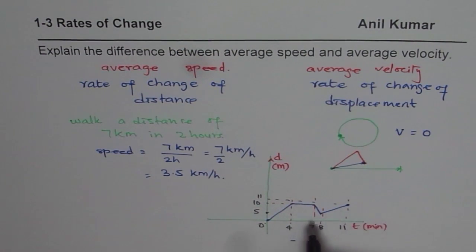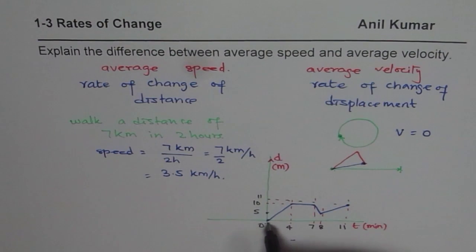If I give you this kind of a displacement time graph, then the exercise for you is to find the average speed and average velocity in different sections of this path. Let me name these sections so that it becomes simpler to answer the question.